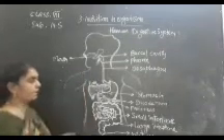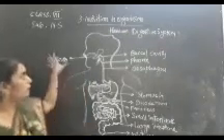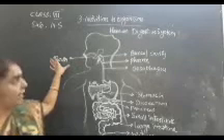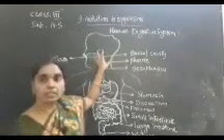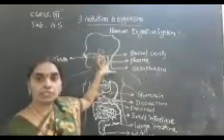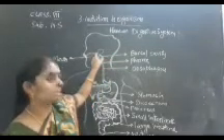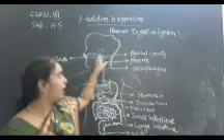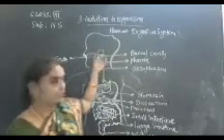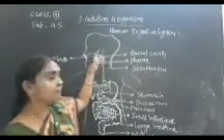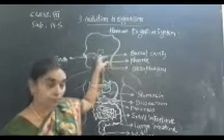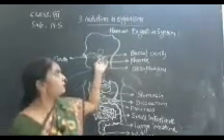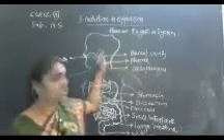So this is the human digestive system. Mouth, intake of food that takes place, then after that digestion takes place. So digestion first starts in the buccal cavity, where the salivary glands act over the food and produce saliva, and the carbohydrate digestion starts in the buccal cavity.